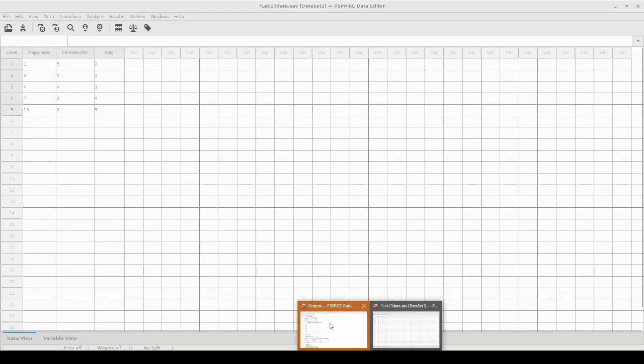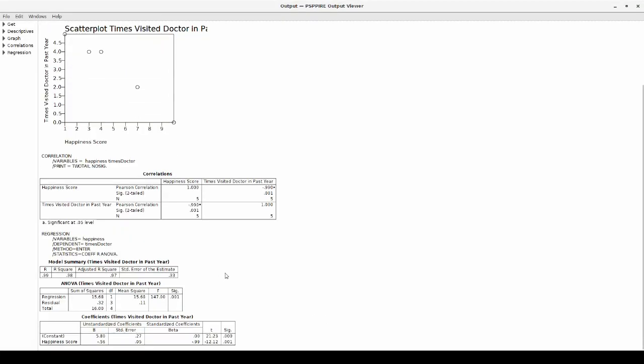And this will open up a series of tables down here. The first one we're going to see is the model summary. The model summary gives us the big picture image of how much these variables are related to each other. And for right now, the only column you have to care about is this R value.